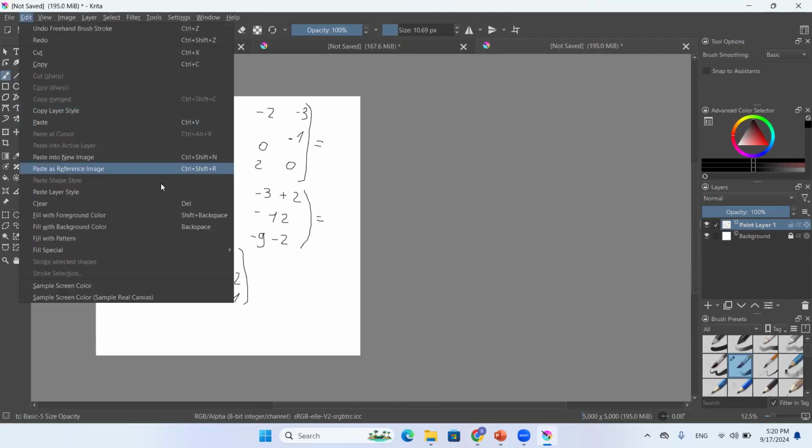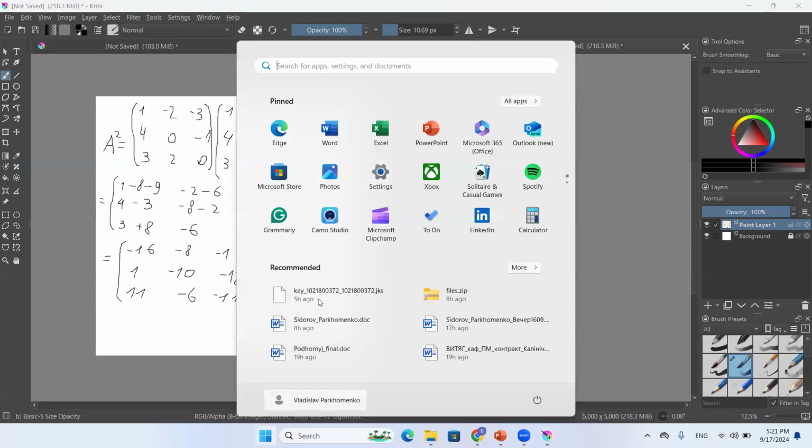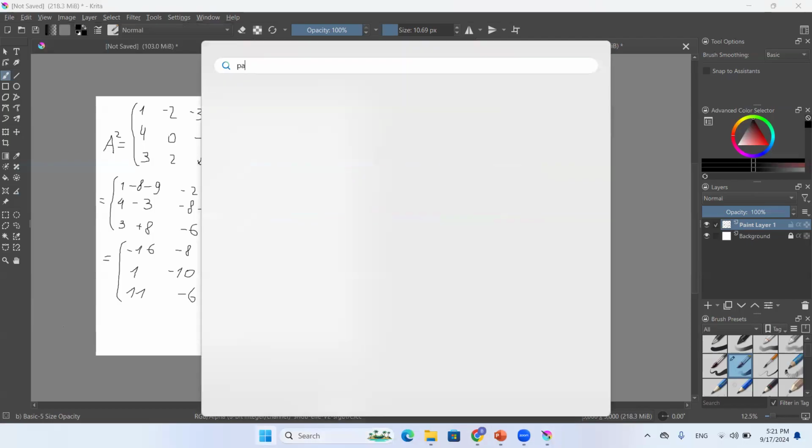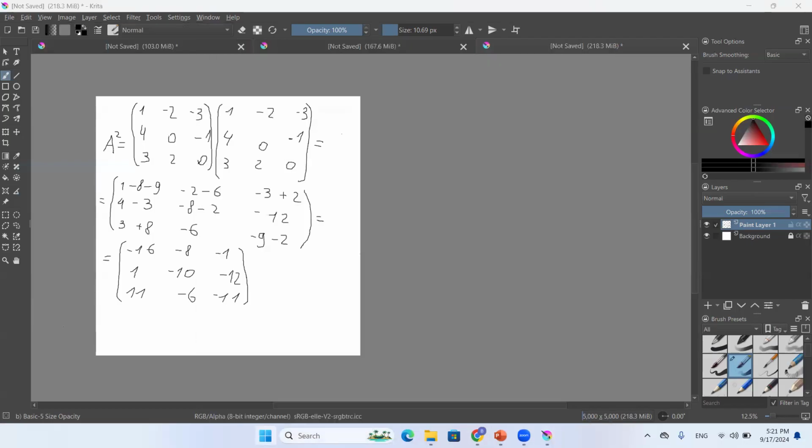Maybe I can change it to dimension or not. It would be nice if I could. Okay, let's continue in Paint for now.